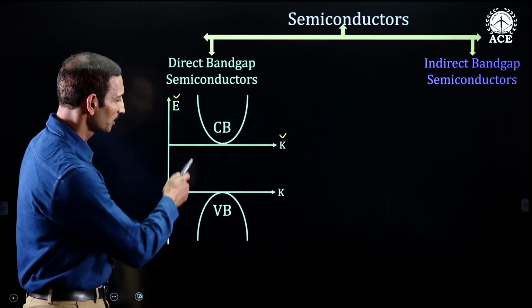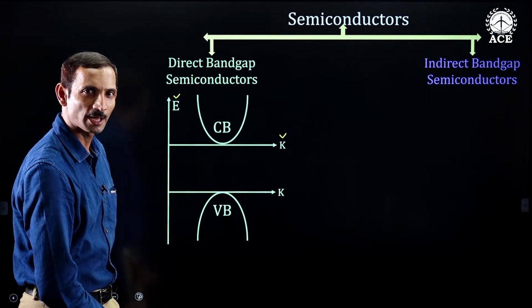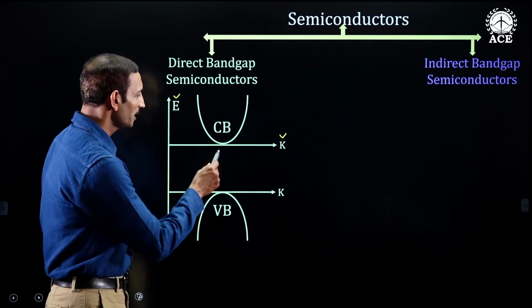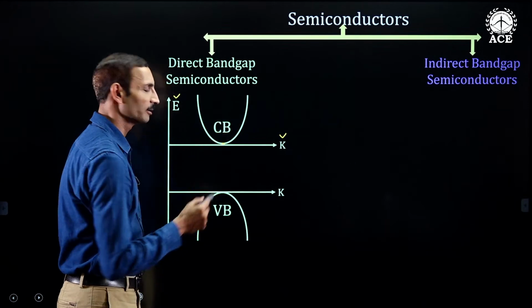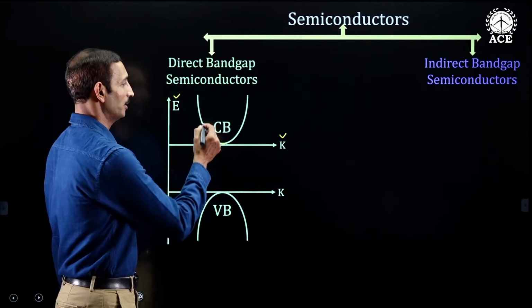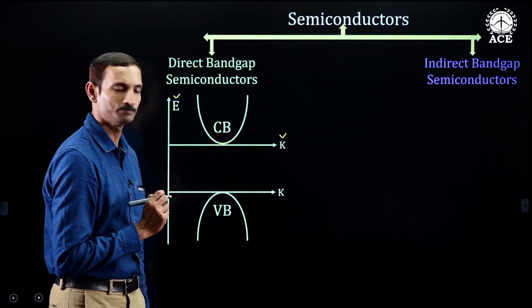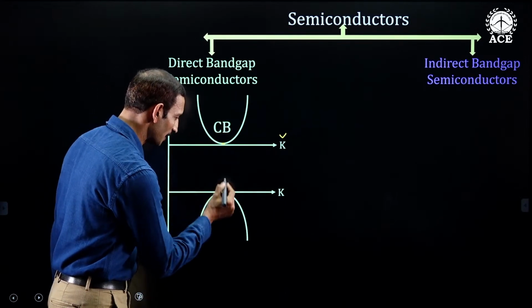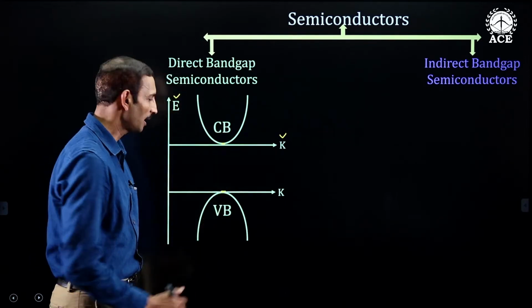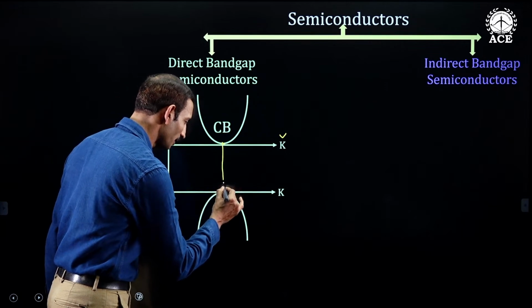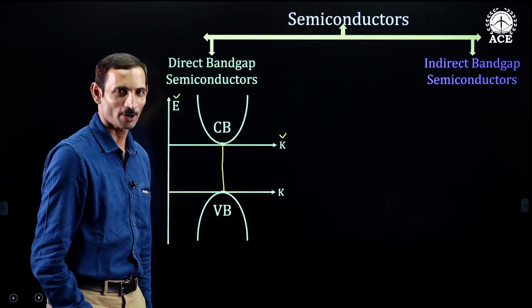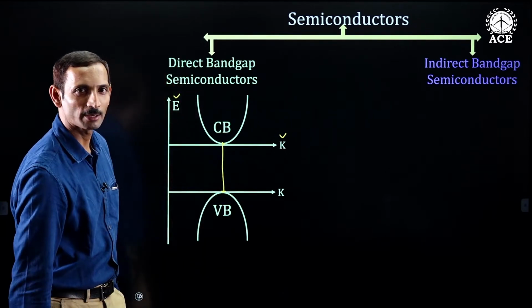Now let me tell you, did you just observe in this diagram that this is the bottom of the conduction band, I mean the minimum energy of the conduction band, and this is the maximum of the valence band, and they are lying on the same line?